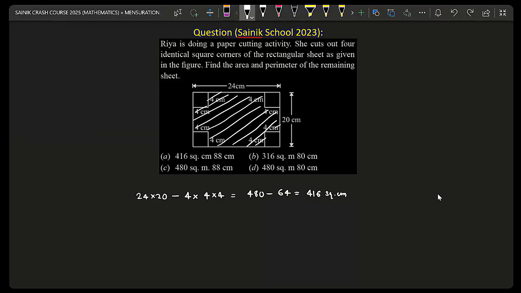Yes, Pranay, how to find the perimeter of the shaded parts? Sir, 24 minus 8, 20 minus 8. 24 minus 8 becomes 16, 16 twos are 32, 32 plus 12 twos are 24.